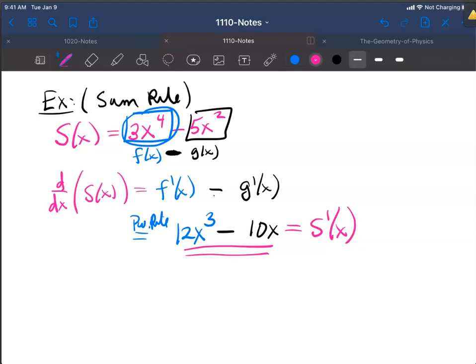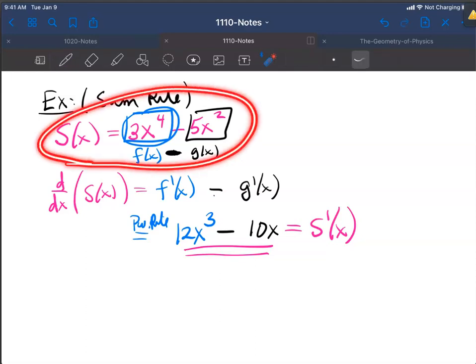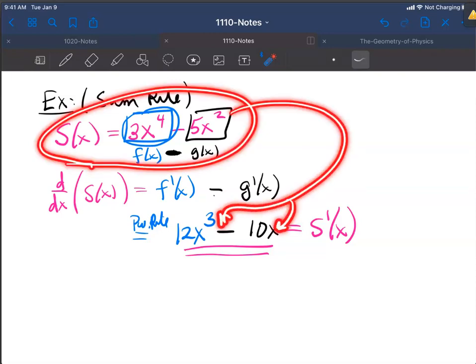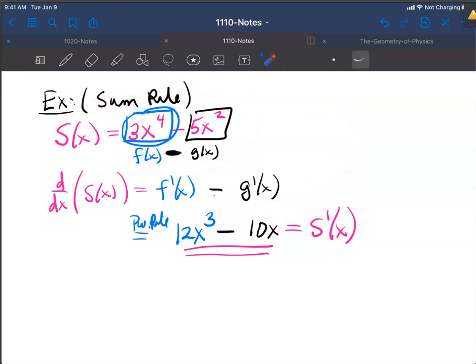Now, you very likely would have just guessed this result. If you had a function like this, you probably would have immediately written down the sum rule: take the derivative of each part separately. Okay, so it is another question, and the point of another video, to talk about what is the derivative of a product function, P.